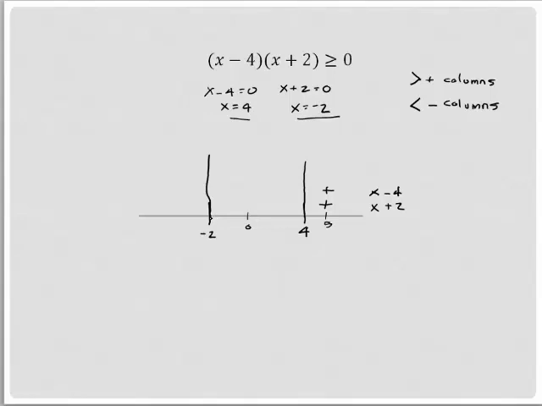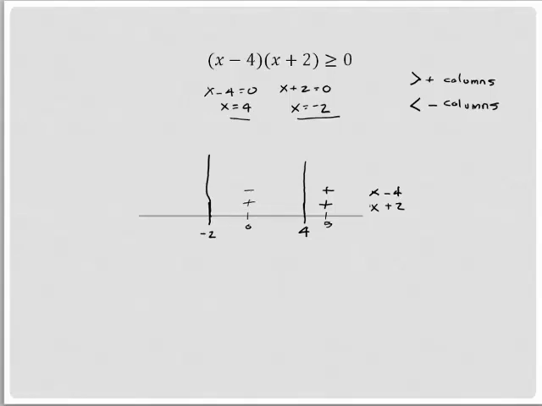Okay, now we have to work with the numbers between negative 2 and 4. And my favorite number is always going to be 0 because it's so easy to put in there. So we'll do the same thing. 0 plus 2, is that positive or negative? It's positive. And 0 minus 4, is that positive or negative?